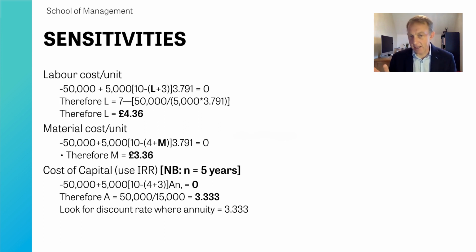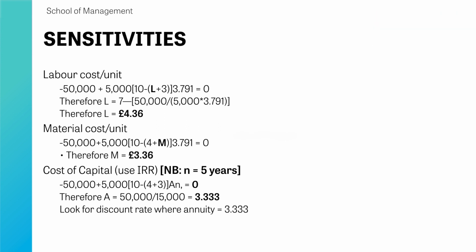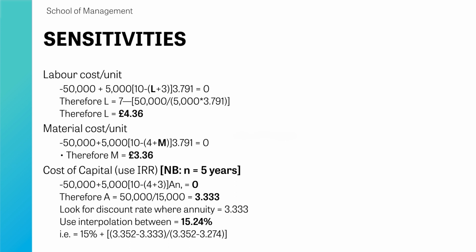And that is okay, but that might not be acceptable internally, because maybe internally you've got a hurdle rate of 20%, or you need 15, and this might be very close to that 15 as a hurdle rate. Hence we can then work it out through interpolation to get it at 15.24% as our discount rate.